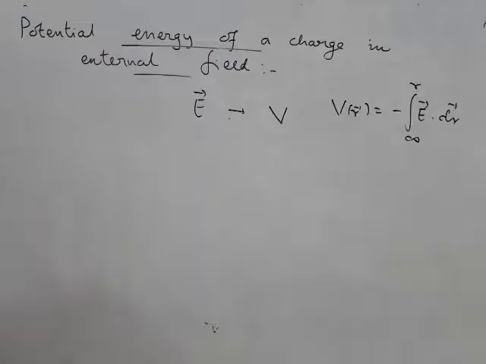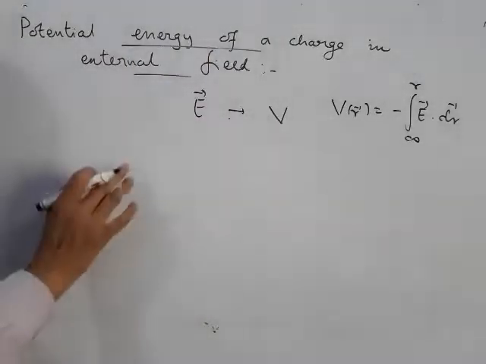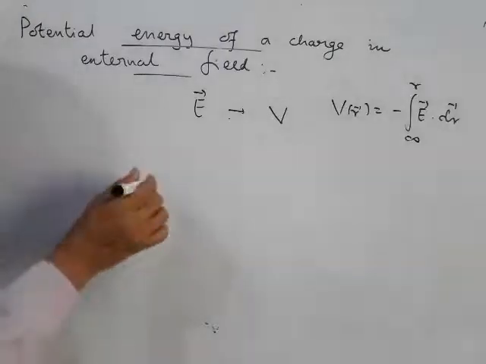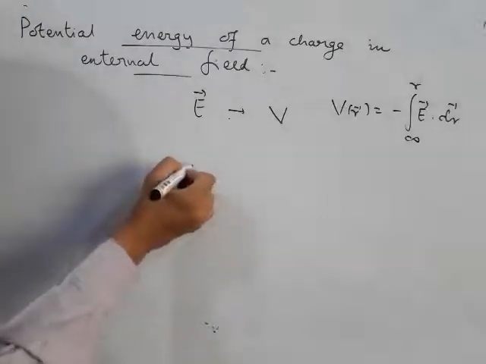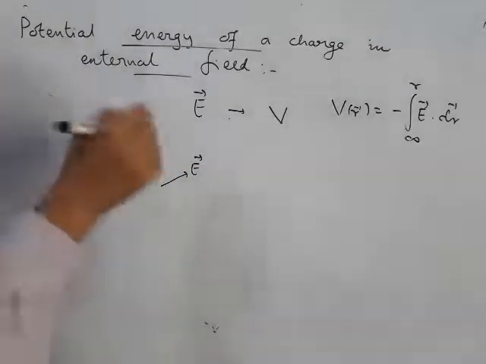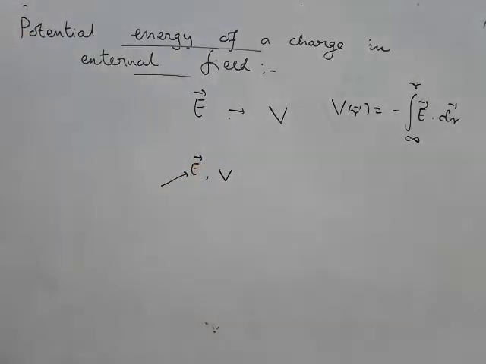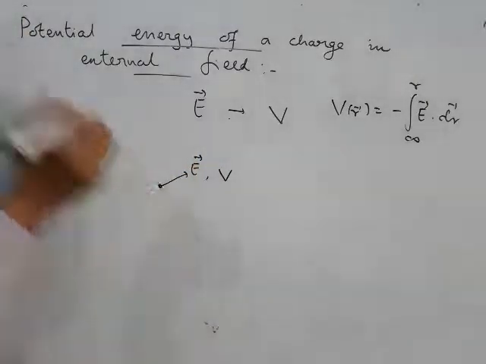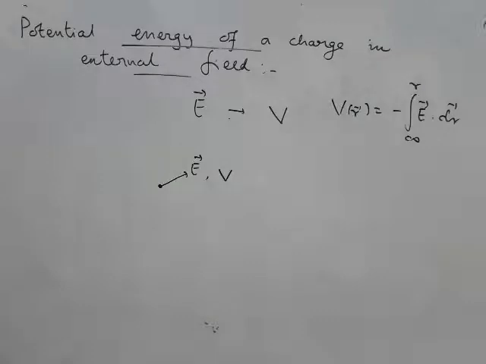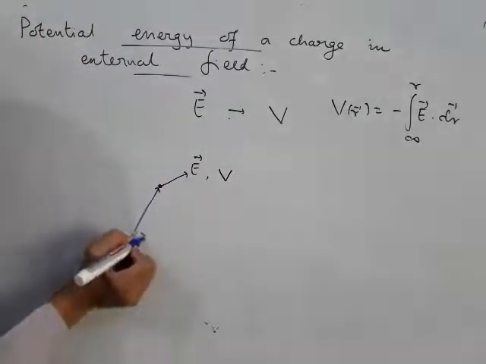They are interrelated. If in external field there is some, we don't know where are the charges, but we know that in this particular region of space there is some value of electric field. It has some value, some direction. If it has some value of electric field, it might have some value of potential. Let the value of potential be V. At this point, whose position vector in our frame of reference is, say, R. This is R vector.